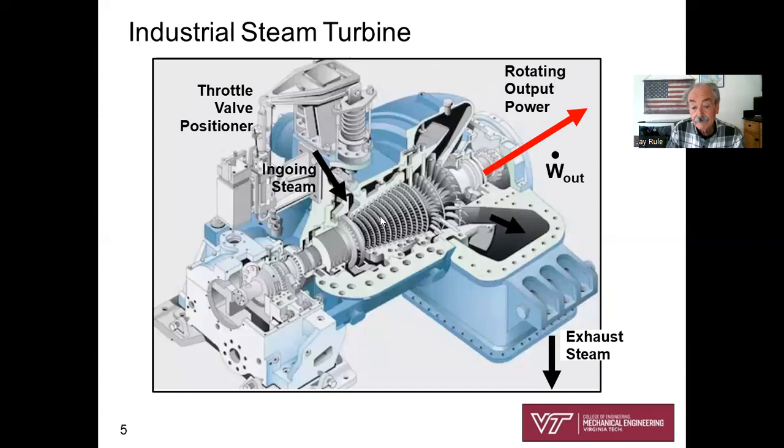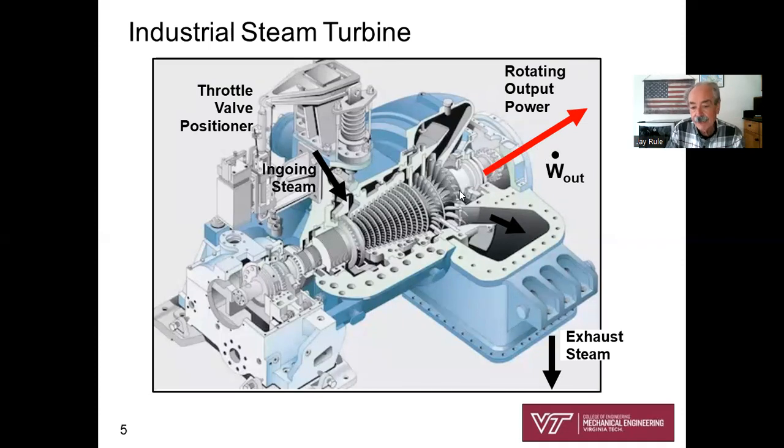And notice these turbine blades. These are various stages of a steam turbine. The steam is expanding, dropping its pressure, expanding across these rotating blades, causing the shaft to rotate at a certain speed and torque. That's what gives you this rotating output power. We call that W dot out.